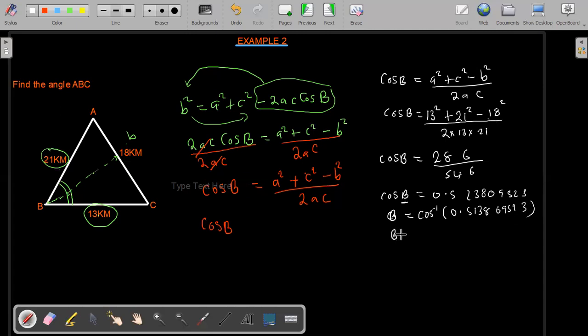So we are going to have our angle B as 58 point 41, 18, 64, 49. Okay, so that is what we have in degrees.